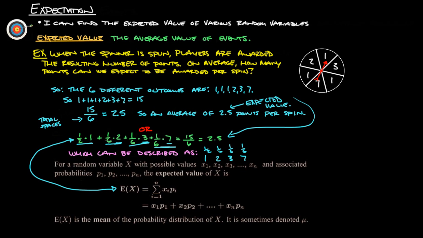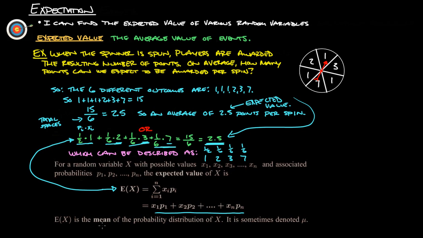So there's 2 times 1/6. Really, these are just flipped around from what I did up here, where we did the probability of i times x sub i. But it's the same thing because you're multiplying. That gives us all of these things, and then you add those all up, and that gives you your expected value, which was 2.5.